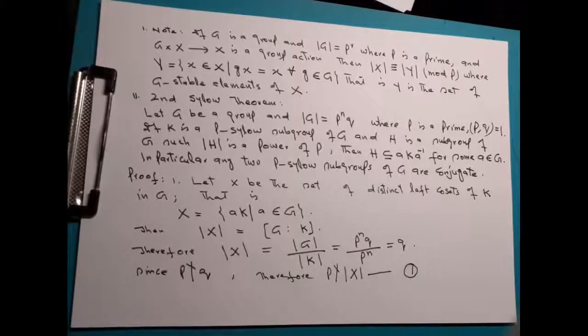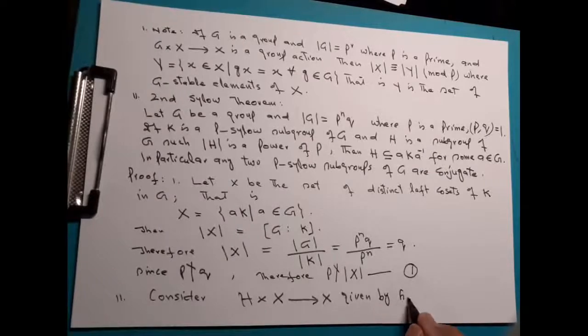Next, we consider the group action on X by the subgroup H. So now consider the action of H on X given by an element of H and an element of X, which will be of this type, a left coset aK. This will go to haK.